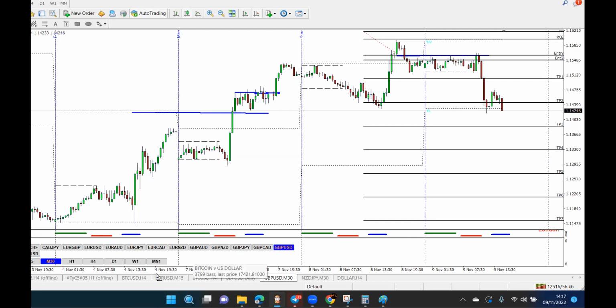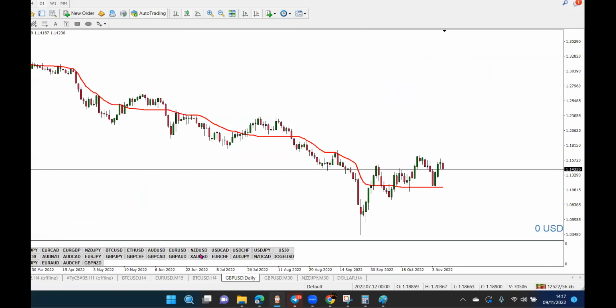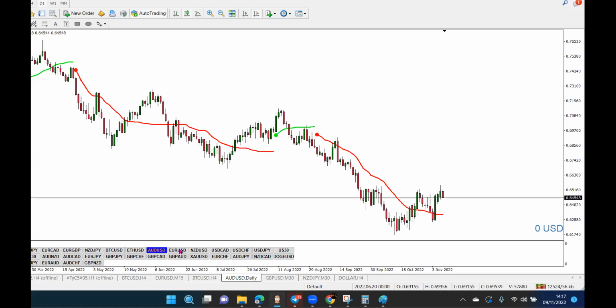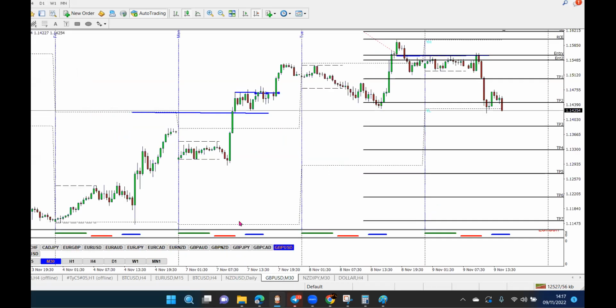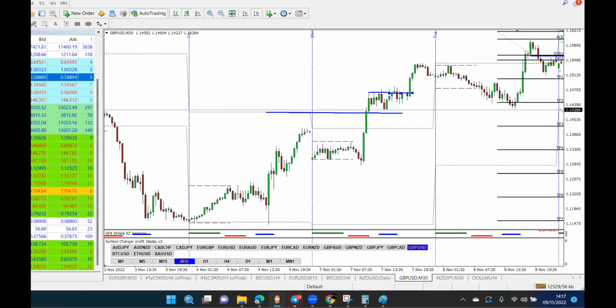Let's look at another USD pair. We've looked at GU, and I think was it AU was the first one we looked at. Was it AU? Yeah. Now let's look at NU. NU is bullish. I doubt it would have gotten an entry so far for this week.